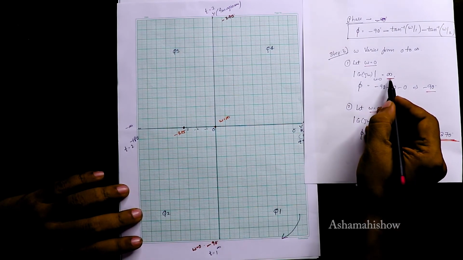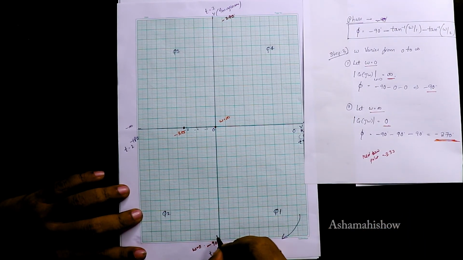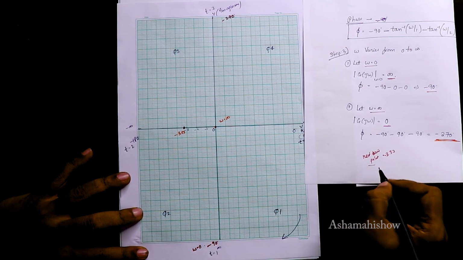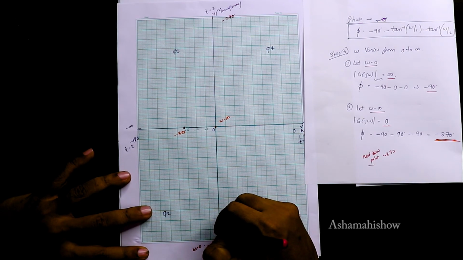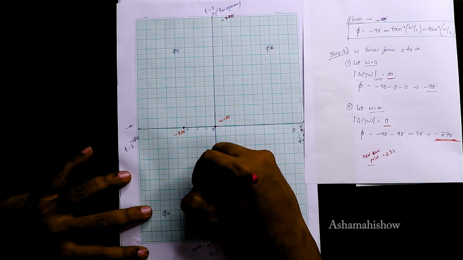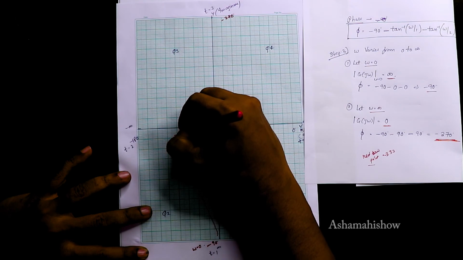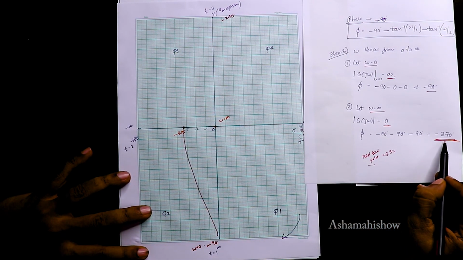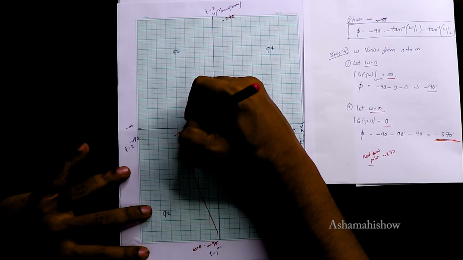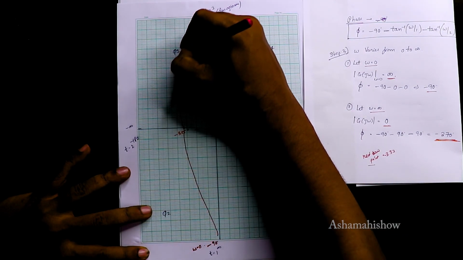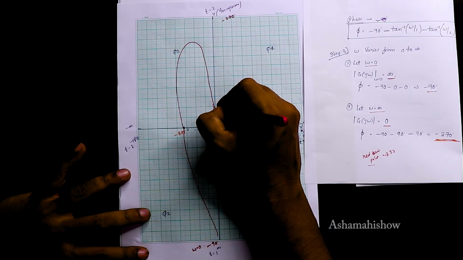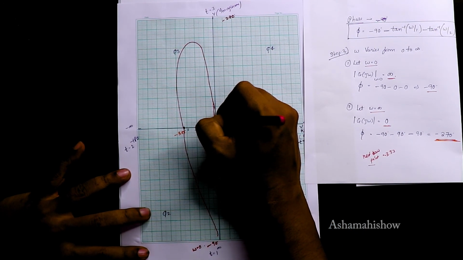First of all, when you put omega to 0, your magnitude is infinity at minus 90. So it is reaching like this, and it has to cut the real axis at minus 3.33. So it goes like this, cuts at minus 3.33, very good, and then it has to reach till 270 and come to 0 again. Don't make it near to 0, just keep it like this.